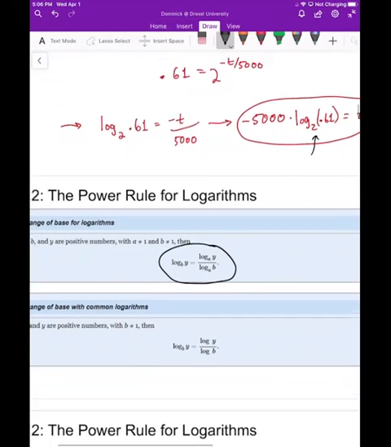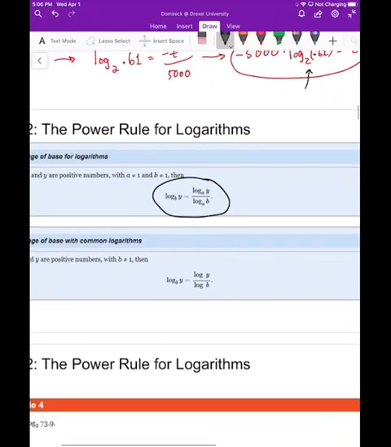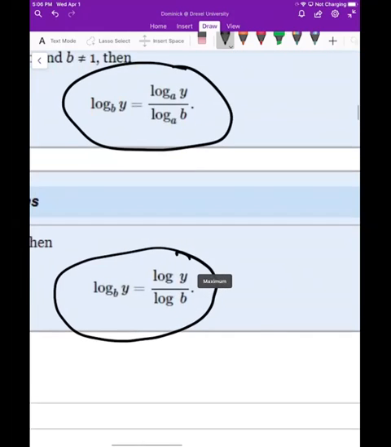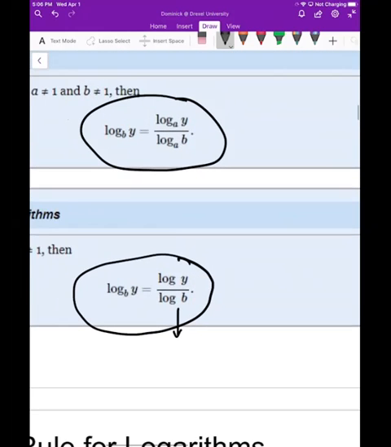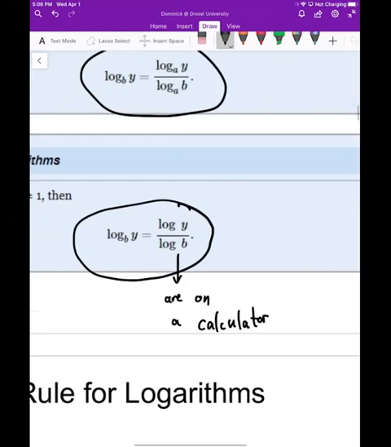Why is that beneficial? Because we do have common logs on the calculator. So if you want to find log base b of y in the calculator, you just find log of y and divide it by log of b, where those logs are common logs.